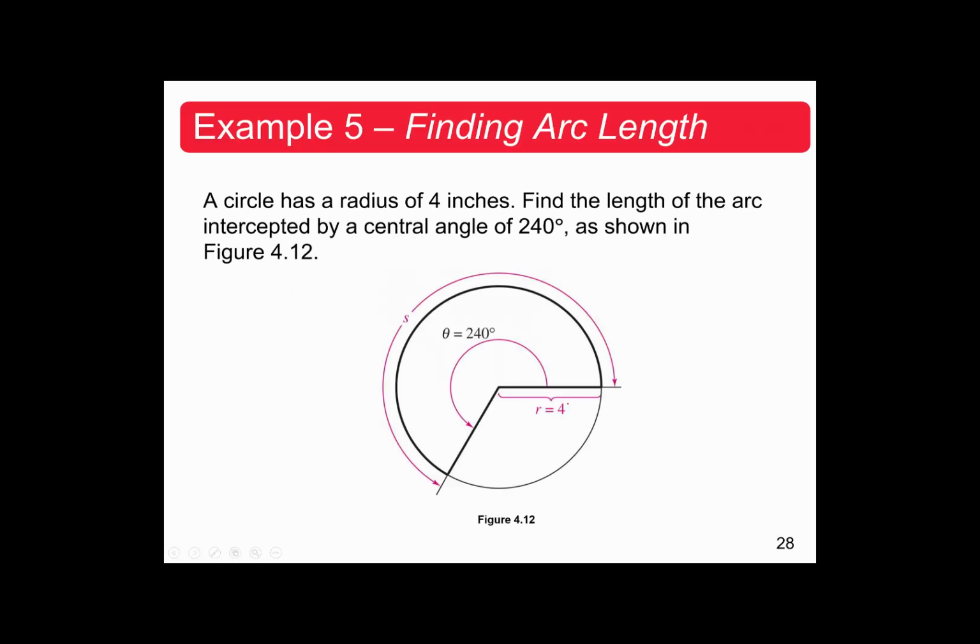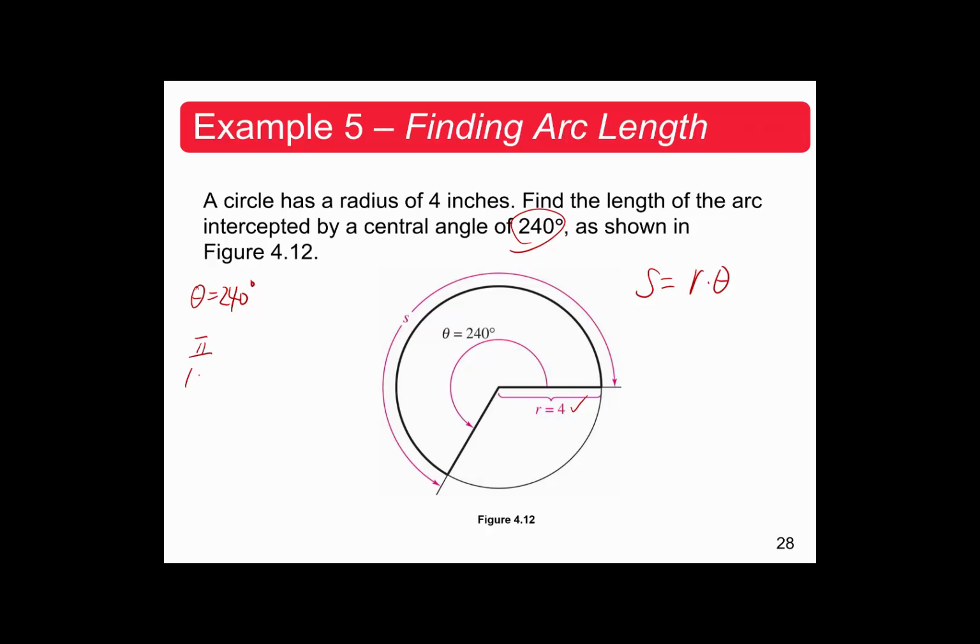Okay, let's take a look. Let's say this circle has radius 4, and the central angle is 240 degrees. You want to find the arc length. So s equals r times theta, and theta must be expressed in radian measurement. So theta equals 240 degrees, and we want to convert it to the equivalent radian measurement.